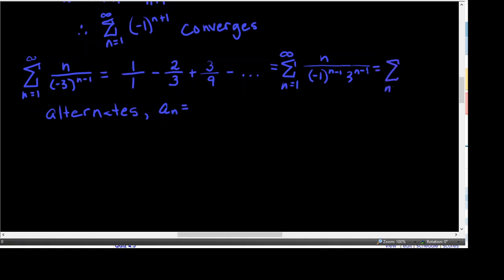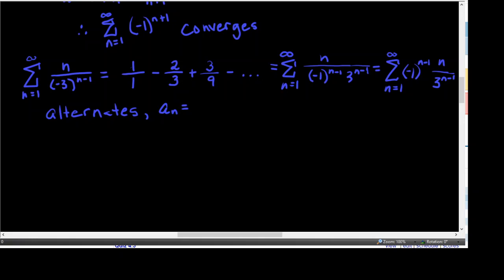That negative 1 in the numerator denominator doesn't matter. If it's positive 1, the whole thing's positive. If it's negative 1, the whole thing's negative. So I could write that negative 1 to the n minus 1 kind of in the numerator position, if you will. And it won't hurt anything. And it looks like what we're expecting now. Okay, so that's an expression of it that makes it look like it's in the form.